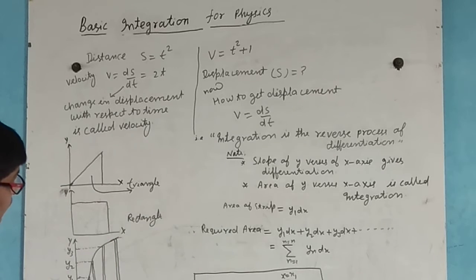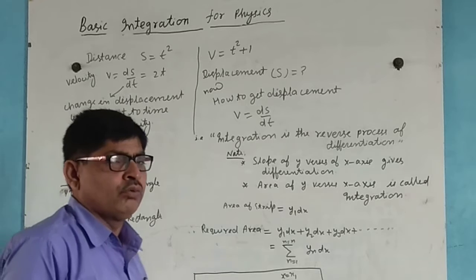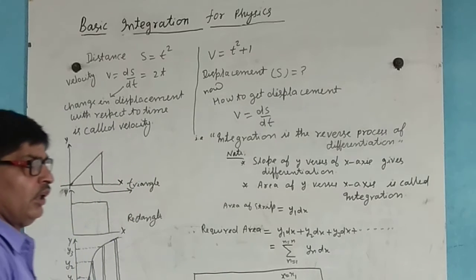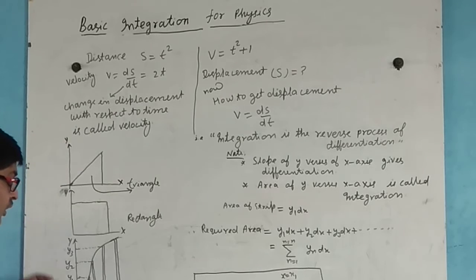But if a body is moving along a curve, then how do we calculate the area, that is, the distance covered by the body?